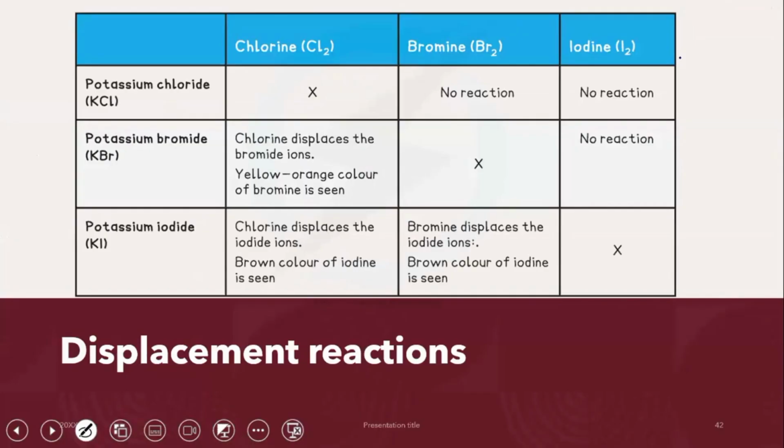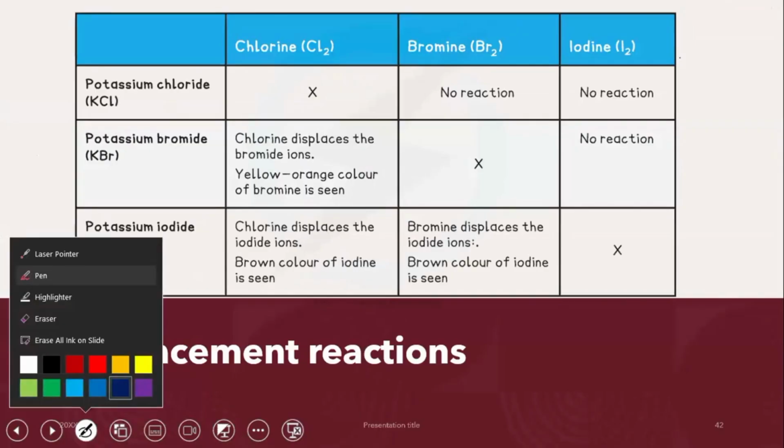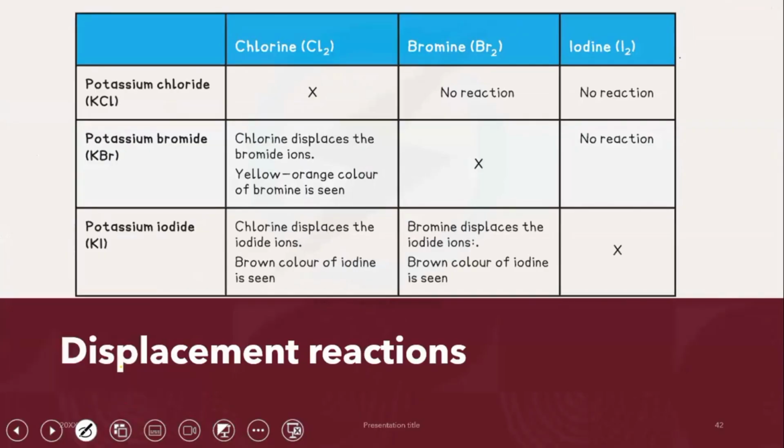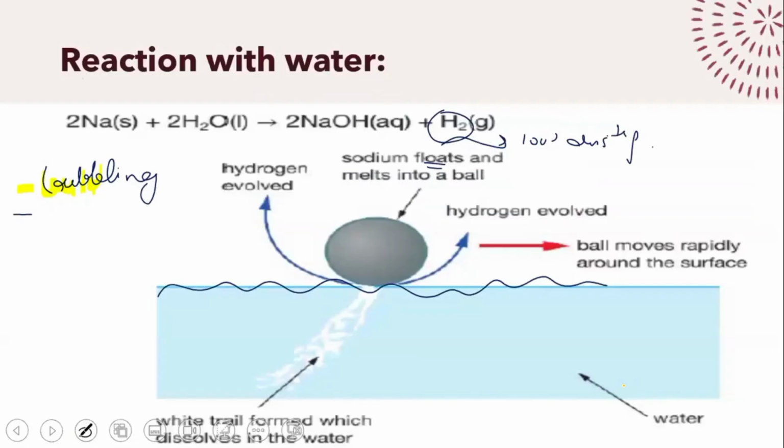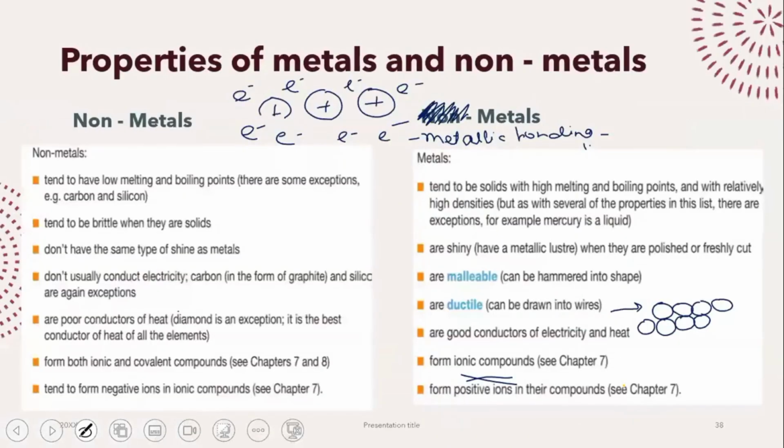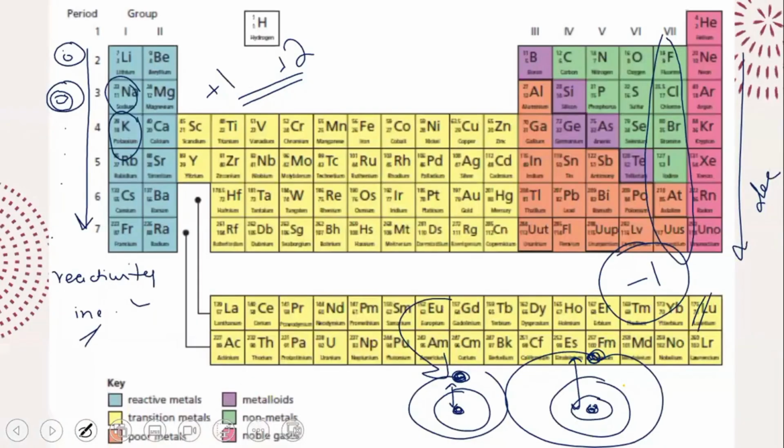So, for example, if I react my chlorine with potassium bromide. Now, chlorine is more reactive than bromine, right? How do you know? Because it is higher up in the periodic table. For group 7, as you go down, reactivity decreases. Bromine is less reactive, chlorine is more reactive.